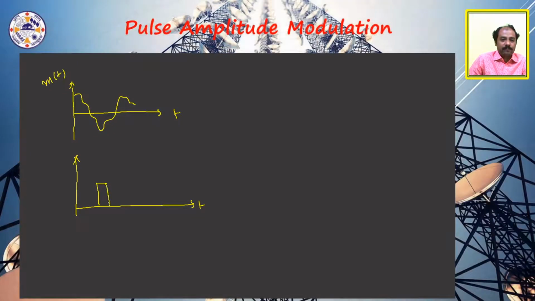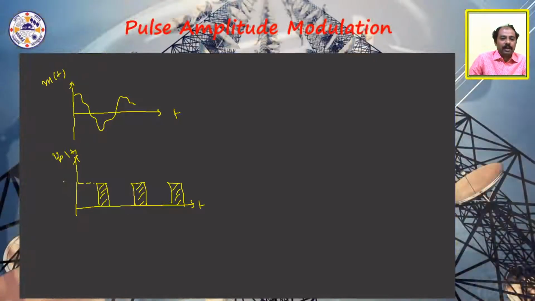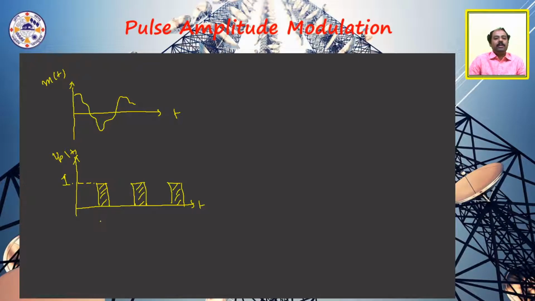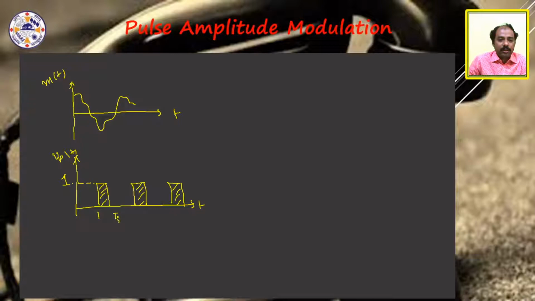So here, instead of considering the strength of the pulse as I, we are considering the strength of the pulse as unity. Fine. So this is the pulse and the strength of the pulse is unity.